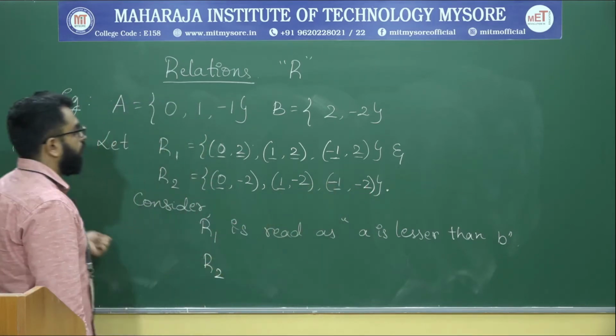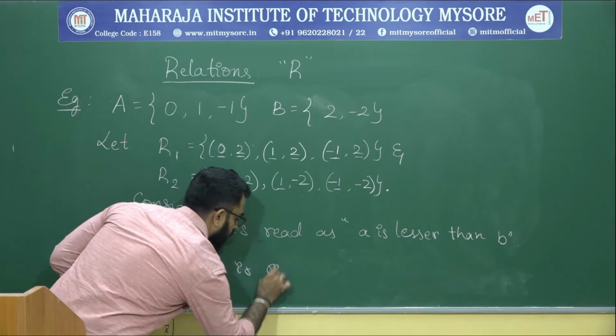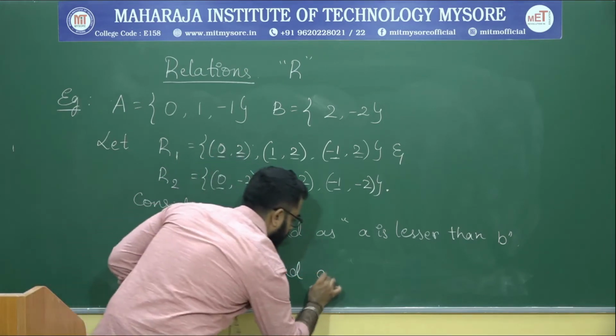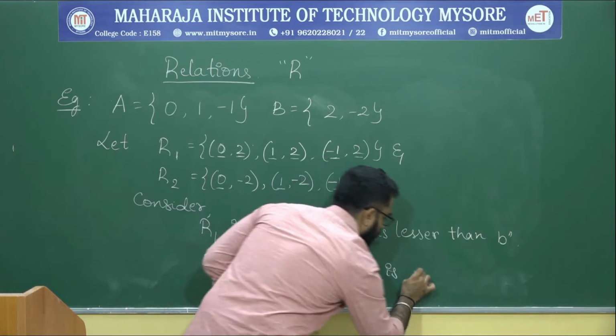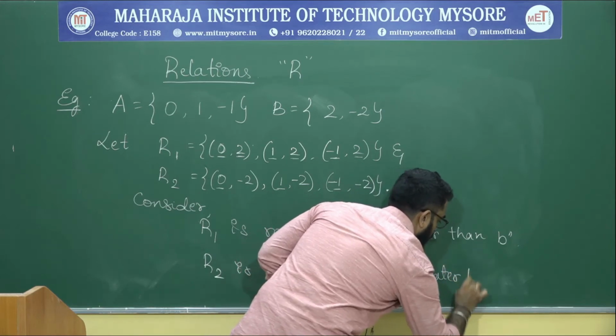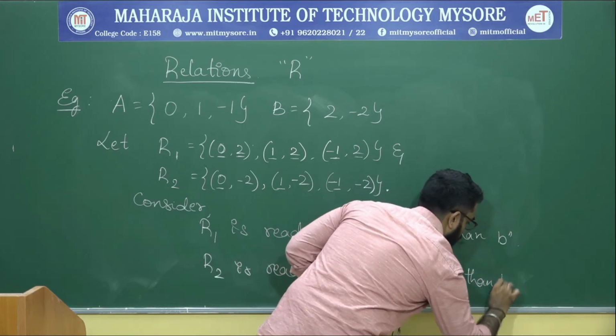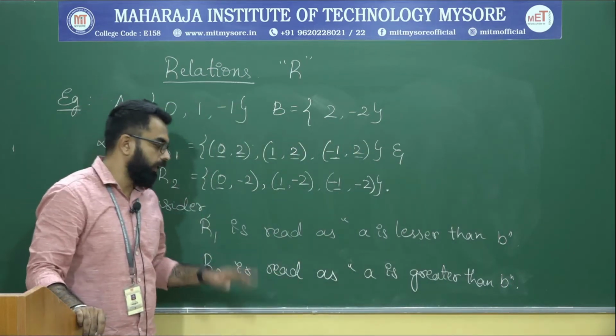So, here R2 is read as A is greater than B.